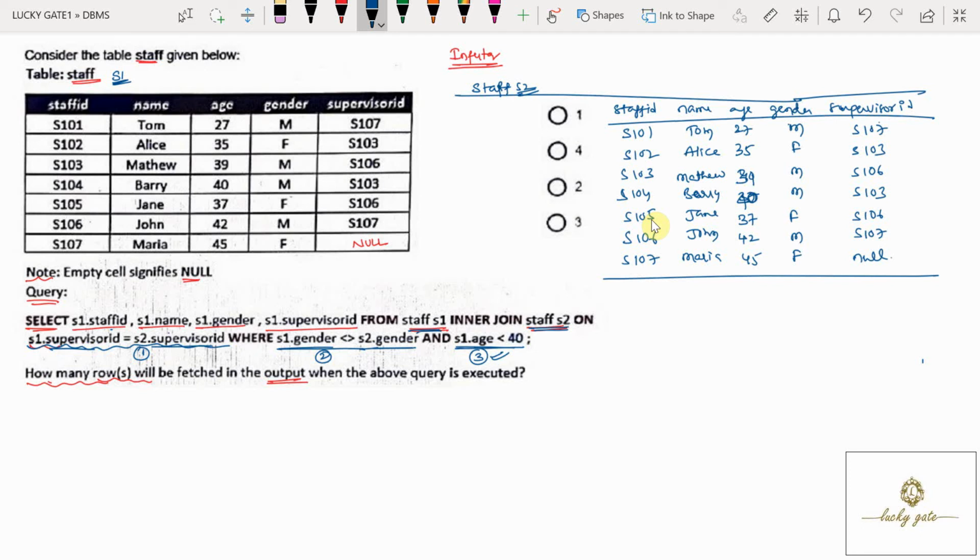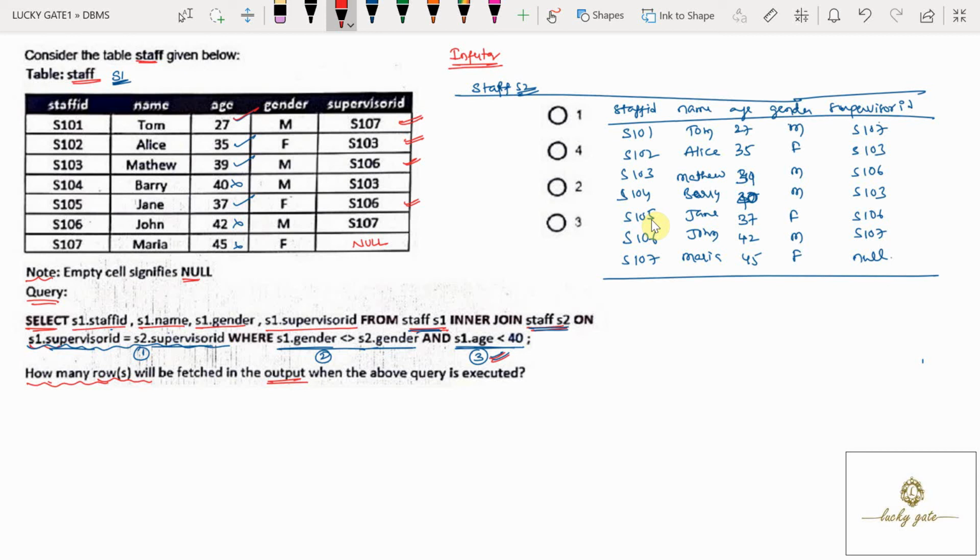It is true for this tuple, true, true, this is false, true, false, false. So how many tuples are selected? One tuple, second tuple, third tuple, and this is the fourth tuple. Four tuples are selected, so the remaining are filtered out. Okay, condition 3 is done.